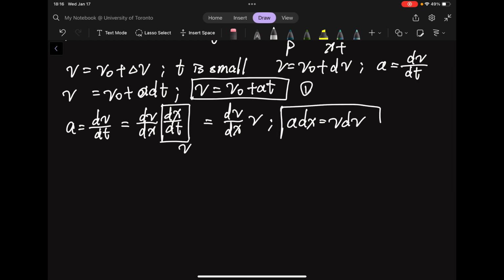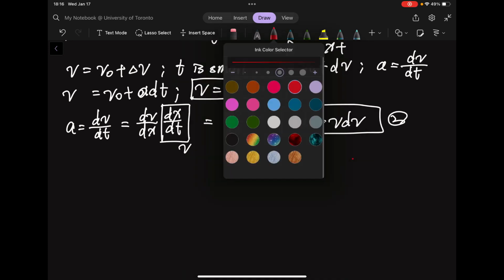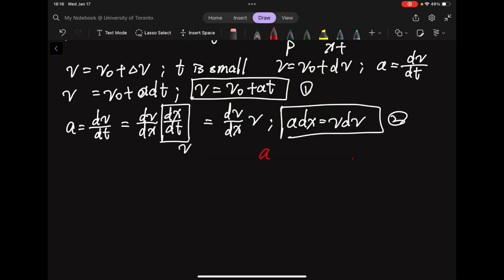Here's our equation number 2. To be mentioned, this one just uses the definition of acceleration, so it can be used when acceleration is constant or when acceleration is not constant. It can all be used.